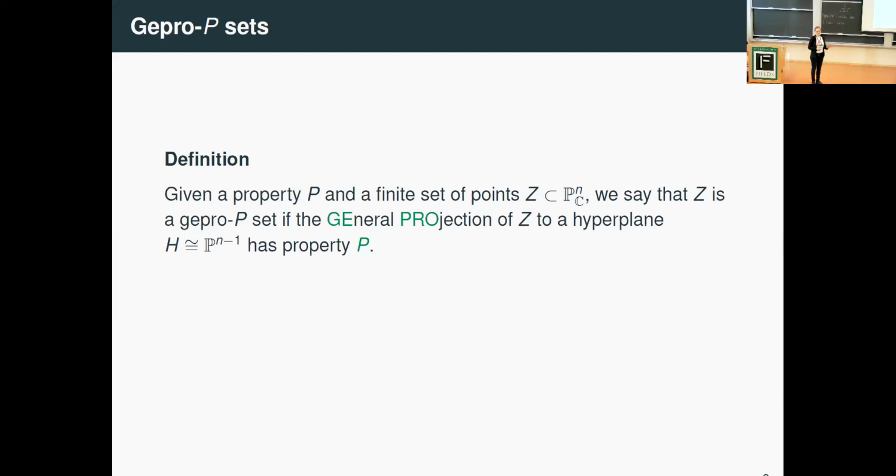I won't write C in the next slides, but the whole talk is for projective n-dimensional space over C, or then 3-dimensional space. And we say that a set Z is a Geproci set if its general projection, so a projection from a general point to a hyperplane, which is isomorphic to P^(n-1), has the property P.